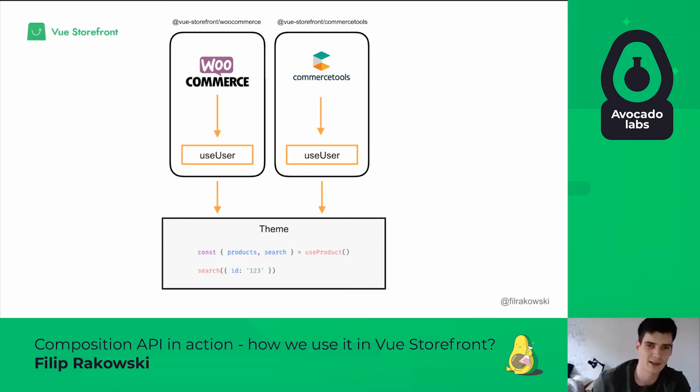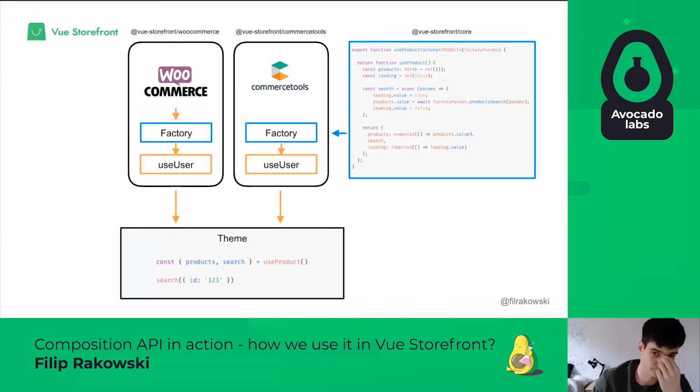So how can we solve this problem? How can we reuse the use product logic, but also leave room for some kind of customization? So what we came up with is actually using factory functions. On the right side, we have a use product factory, which is delivered from the Vue Storefront core package. And we are using this factory in both commercetools and WooCommerce packages.